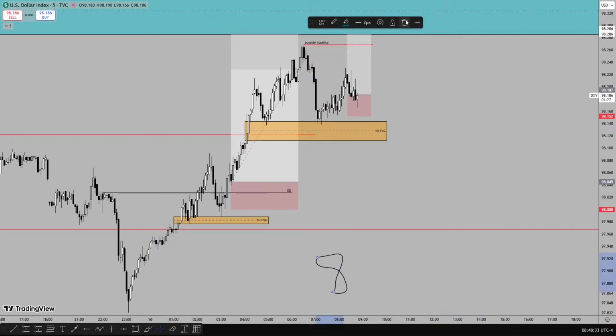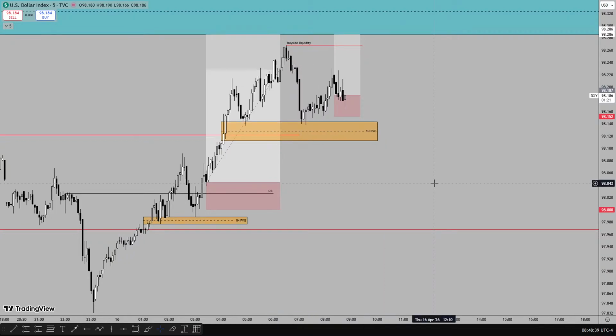Now, let me explain it from a prop firm perspective. When I'm trading a weekly expansion, I normally take trades with around 1.5% to 2% with a prop account. But let's talk about it from a funded account perspective.